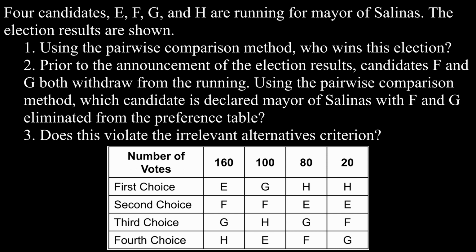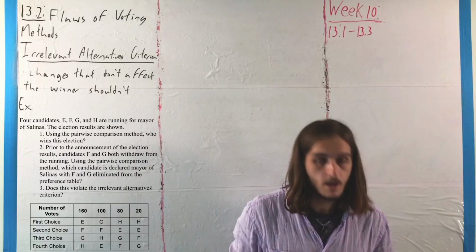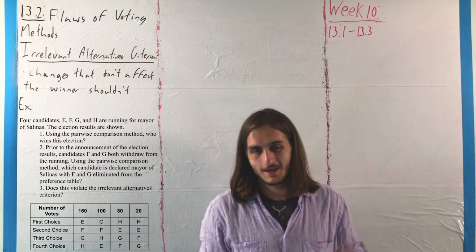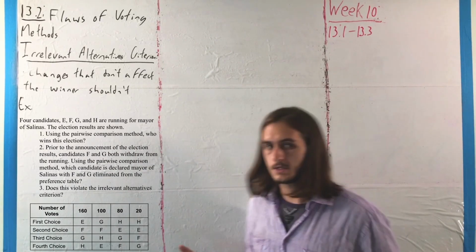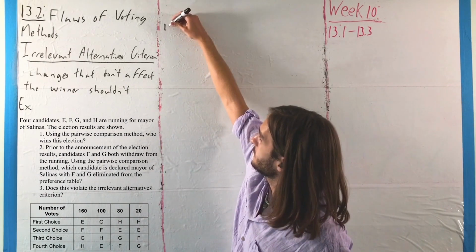Then, note that prior to the announcement of the results, F and G withdraw from the election, where we're going to use pairwise comparisons again to determine who would win with them removed, and check to see if this violates the irrelevant alternatives criterion. So we're going to start here with 6 comparisons for our first step.